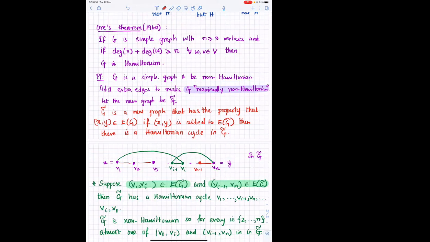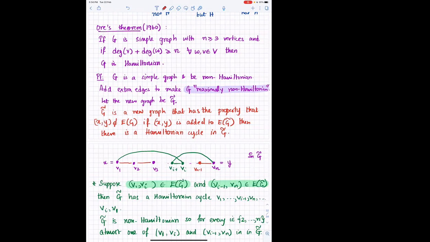I know that G is non-Hamiltonian. For every xy that's not in the edge set, I add it to the edge set of G tilde, and try to make it maximally non-Hamiltonian. That's it. My bad. I think initially it was written correctly, probably. When it turned to English, maybe I just messed up. Sorry. So is everything else clear? After this edit is done, I hope things are clear.